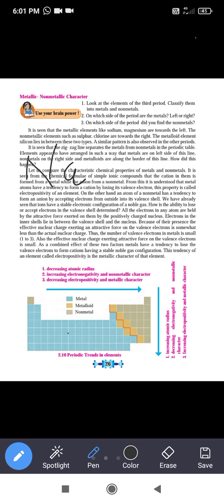The electronic configuration of sodium is 2, 8, 1. Now this sodium is in elemental form. When it is in elemental form, the number of electrons and the number of protons is the same. So there are a total of 11 protons and 11 electrons.